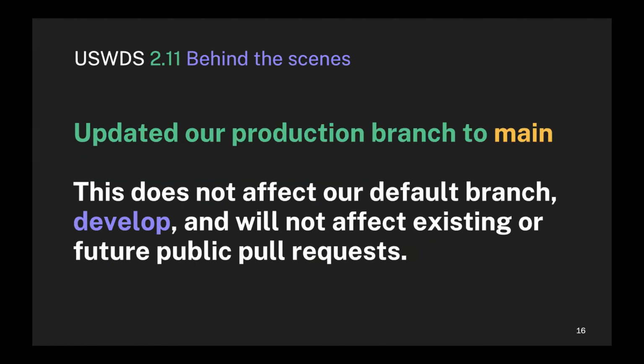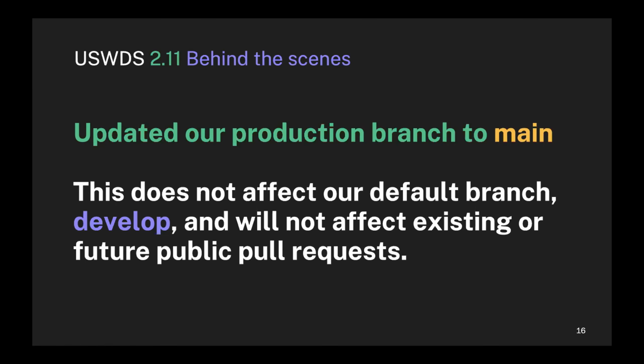Slide 16. And in some behind the scenes work for USWDS 2.11, we've updated the USWDS repo's production branch name to main from master. If you've been following along, you'll recognize that this is a new best practice. It's the right thing to do and a way to reduce our use of antiquated and sensitive language.